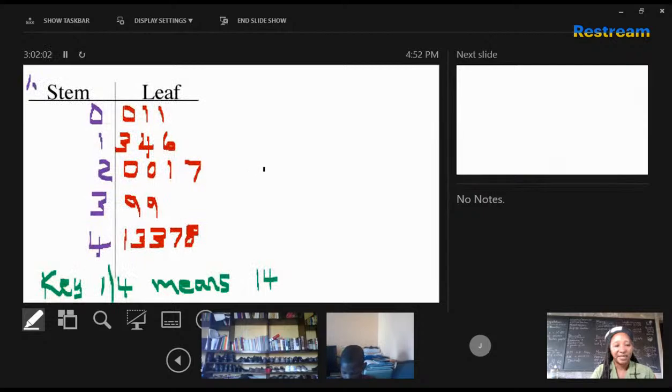All right. So for number one, remember we said we're finding the median, the mode, the mean, the range. So looking at this stem and leaf plot, what would be the mode? What's the mode of that stem and leaf plot?